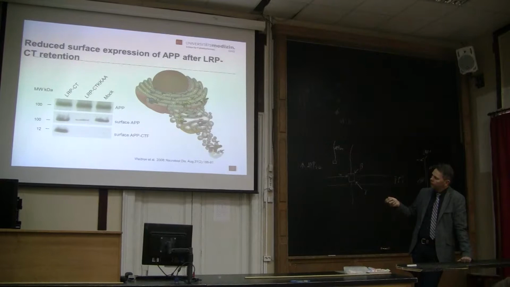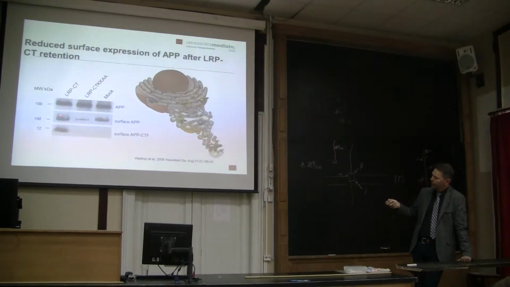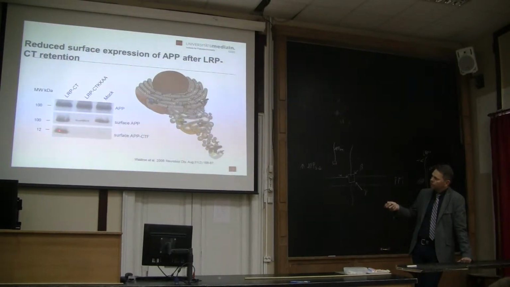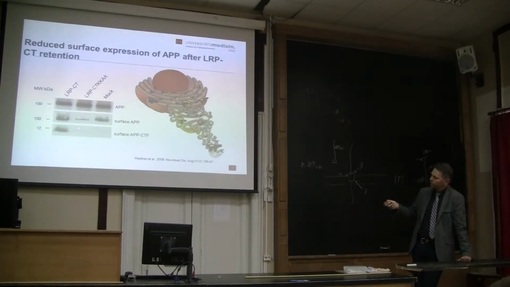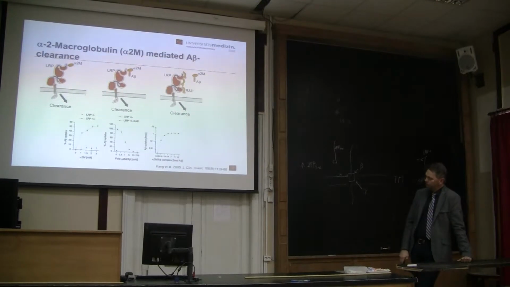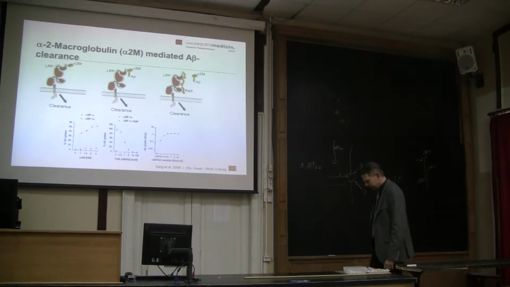And when you have regular LRP expression, again, normal APP expression at the surface. Even more, you even have C-terminal fragments at the surface. With the retention construct, you can't see it. So LRP retains APP already in the endoplasmic reticulum.